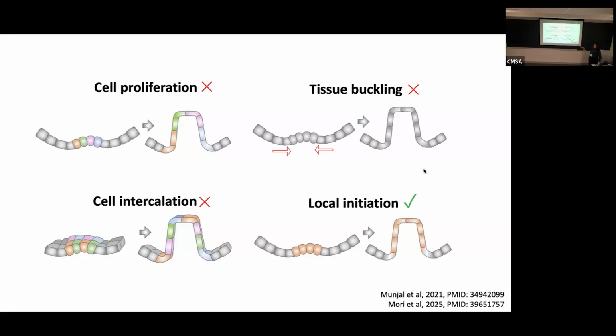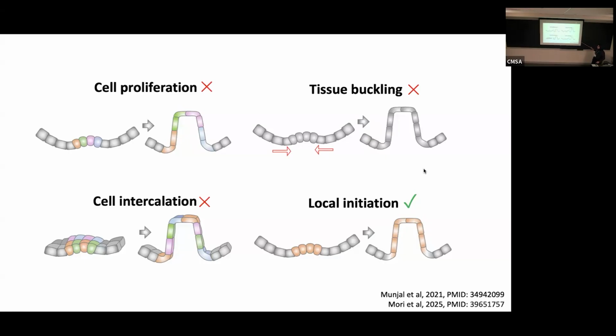And I can summarize to you that the classic modes of morphogenesis that we're used to thinking about, which is either local or global cell proliferation or some directed movements, rearrangements of cells, these are not happening. In fact, there's very little growth happening in this tissue, similar to the early stages where most of the expansion can be explained by just hydrostatic pressure.